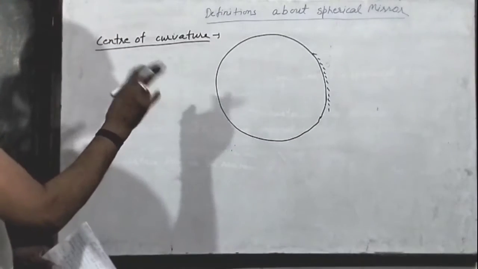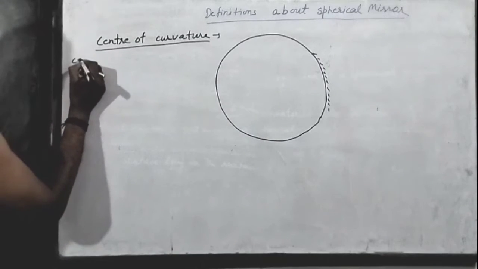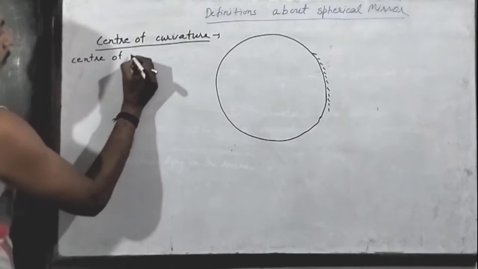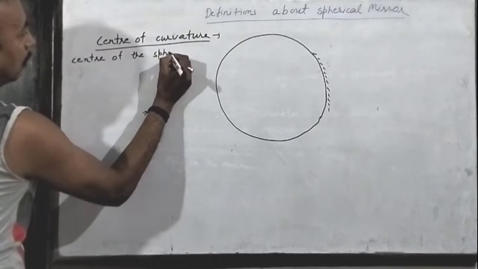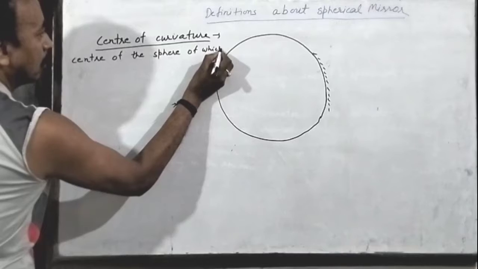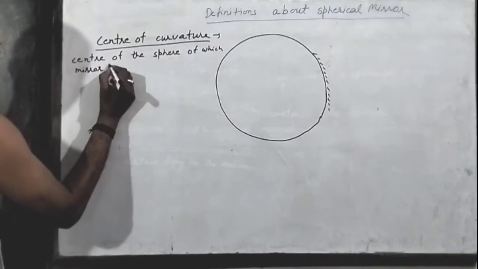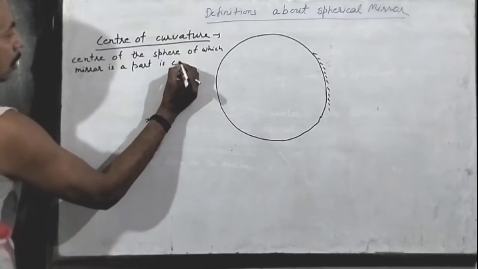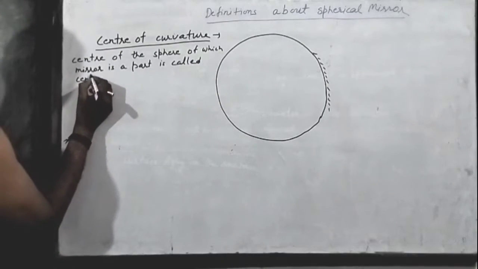The center of that sphere is called the center of curvature. Means the center of the sphere of which the mirror is a part is called the center of curvature.